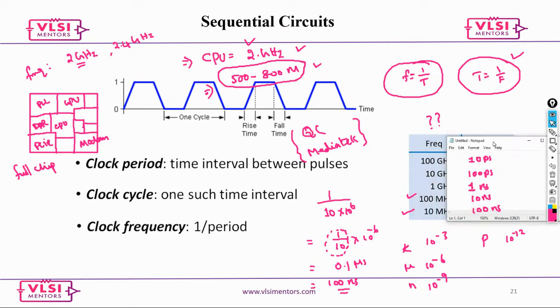Now let's solve some more problems. If I give you 2 ns, what is going to be the frequency, and 1.33, what is going to be the frequency.